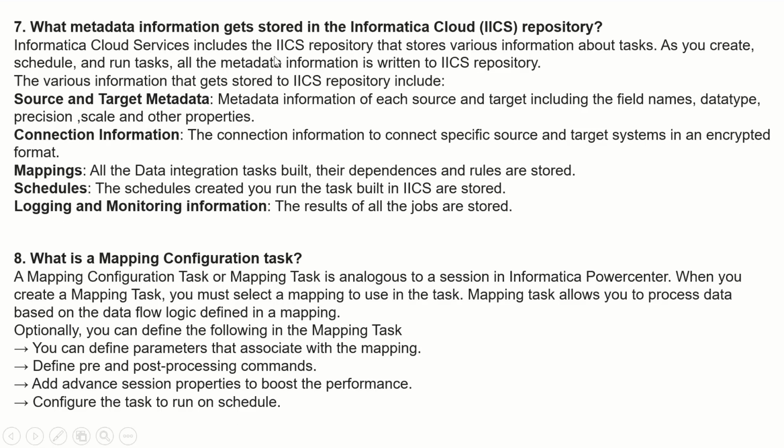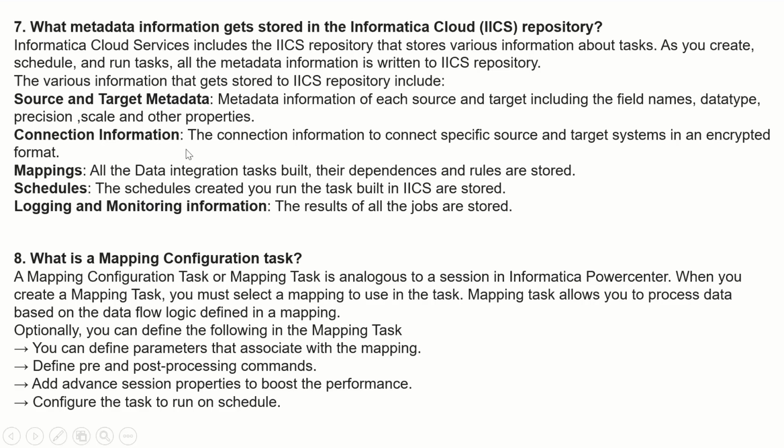The seventh question is, what metadata information gets stored in the Informatica Cloud repository? Informatica Cloud Services includes the IICS repository that stores various information about tasks. As you create, schedule, and run tasks, all the metadata information is written to the IICS repository. The information stored includes source and target metadata, that is, the field names, data type, precision, scale, and other properties.